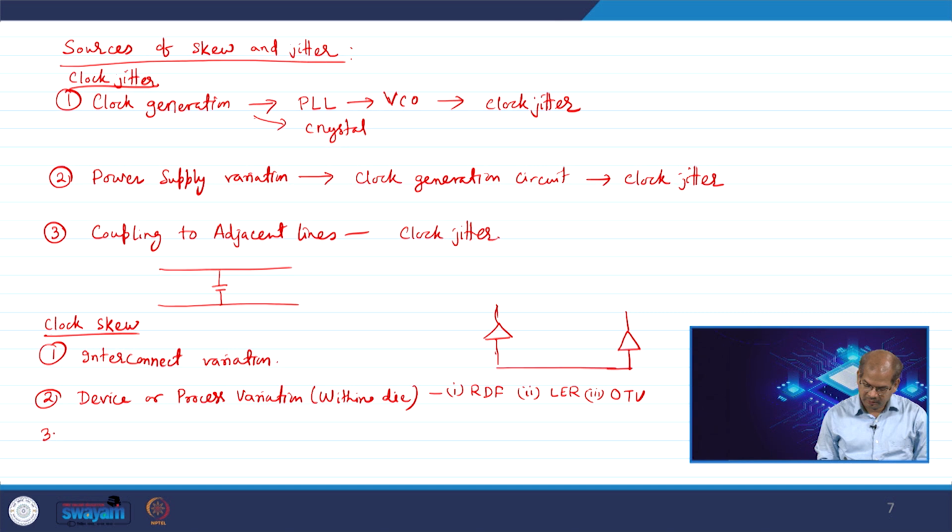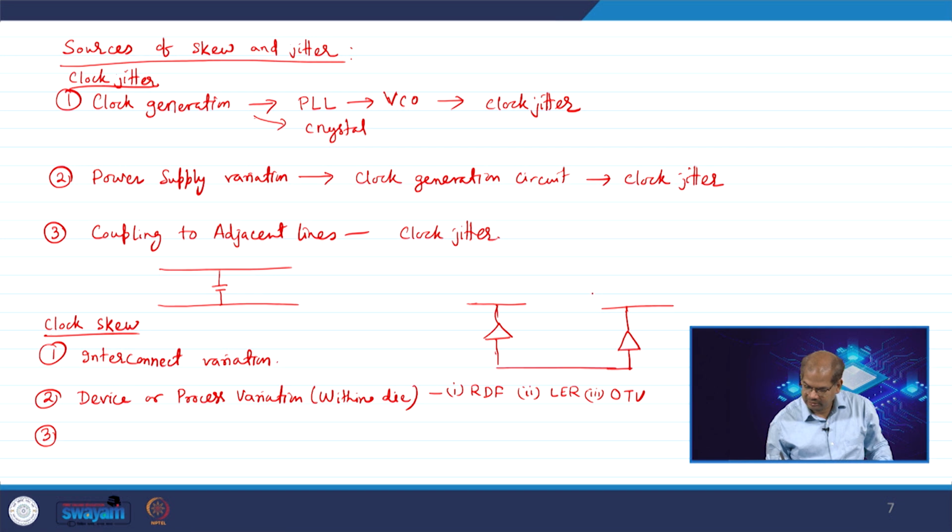Then if you have a capacitive load, let us say I have a higher load here, depending on the number of flip flops it is driving. Let us say I have 3 flip flops driving the network here, and here I have 5 flip flops driving the network.